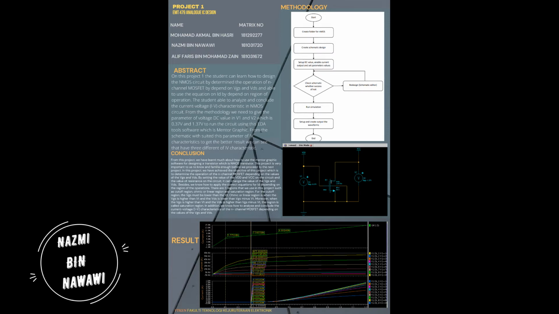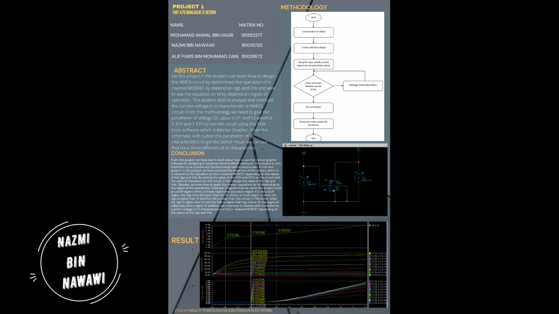In this project, we have achieved the objective, which is to determine the operation of the NMOS depending on the values of VGS and VDS by setting the value of VDD and VCC on the circuit and the value of resistance on the circuit. It can change the value of VGS and VDS. Besides, we know how to apply the correct equation for ID depending on the region of operation.